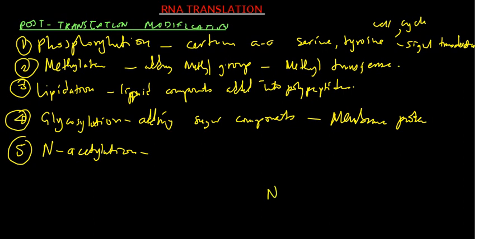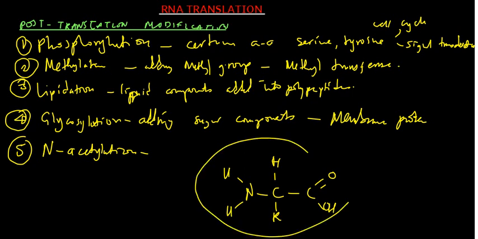Actually, an amino acid has a central carbon C. We have got hydrogen, the R group, COOH, and then NH2, like that.